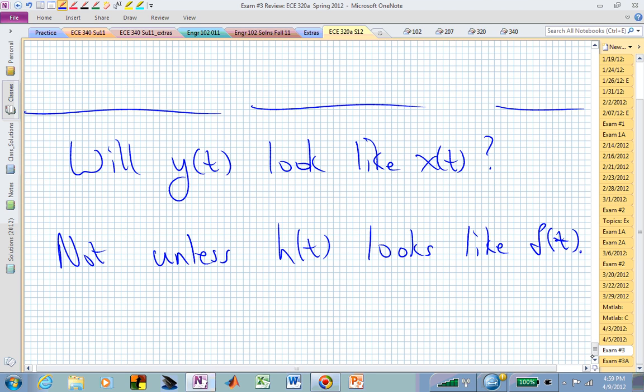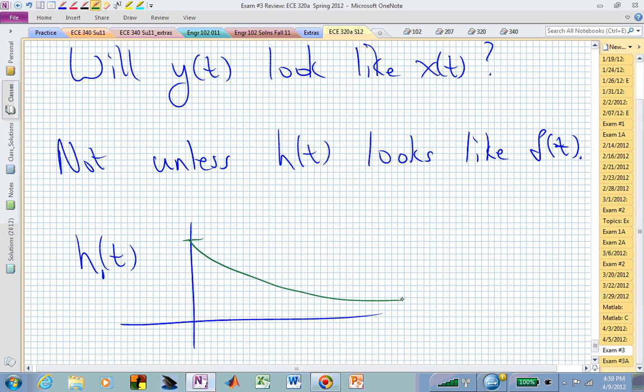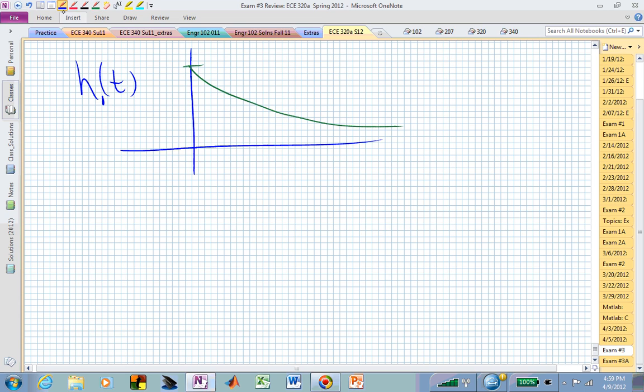I mean, the more it looks like delta of t. So if you had h of t, let's say this is h1, and h1 looks like this. And now h2 is a different system, and it looks like this. Which of h1 and h2 looks more like an impulse?